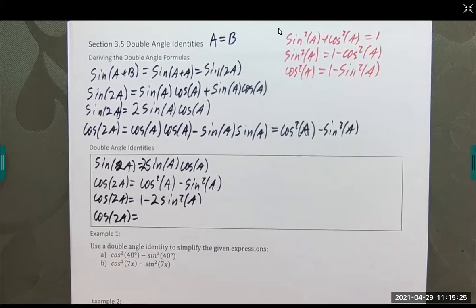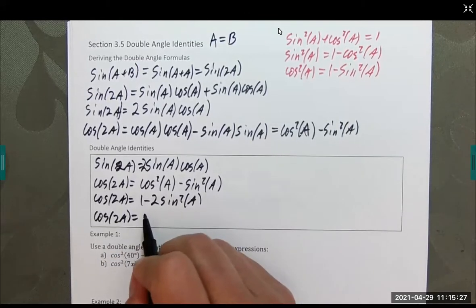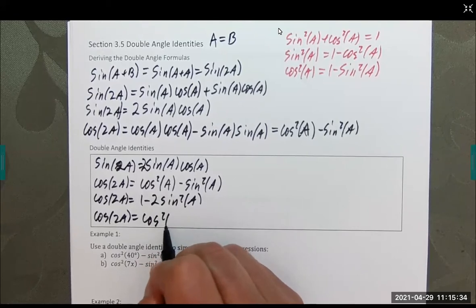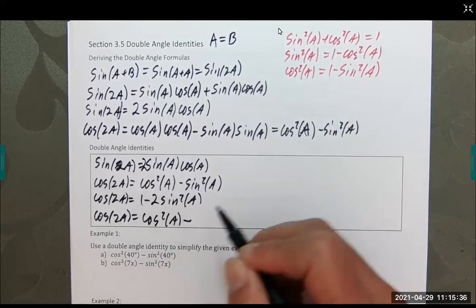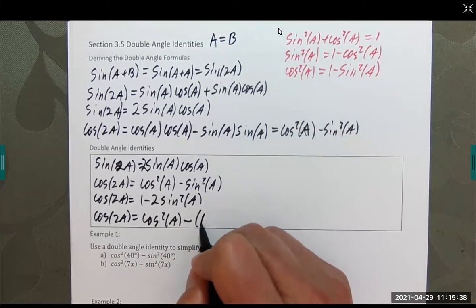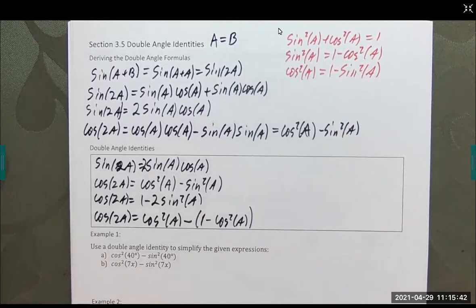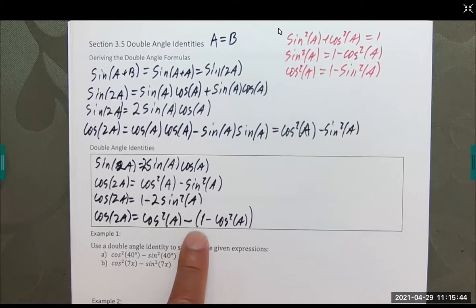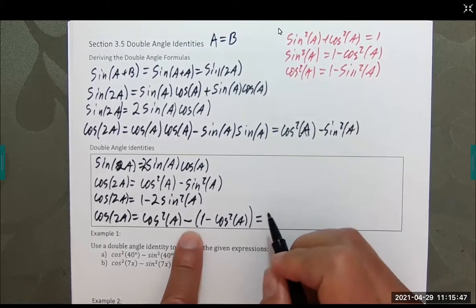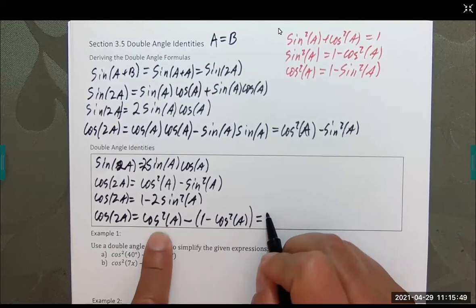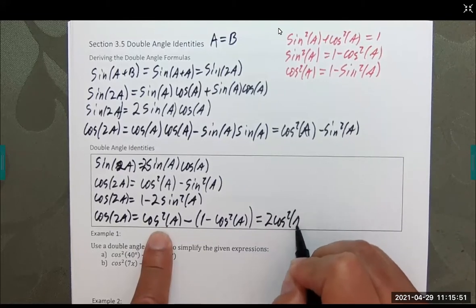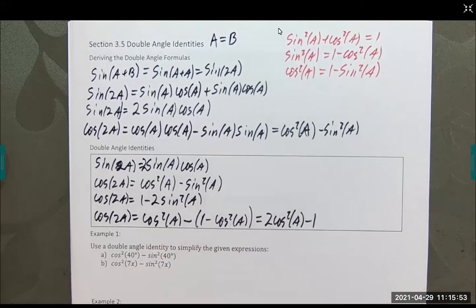We're going to end up with cosine squared A minus sine squared A, which is 1 minus cosine squared A. And you can see I'm going to get a minus 1 and 2 cosine squareds. So there we are.